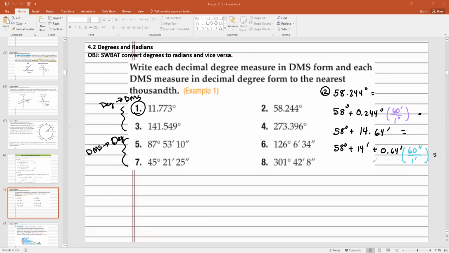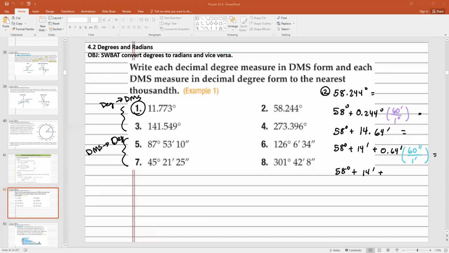And then we calculate that. So 58 doesn't change. The 14 minutes doesn't change. So 0.64 times 60 is 38.4. And we'll just leave it like that.